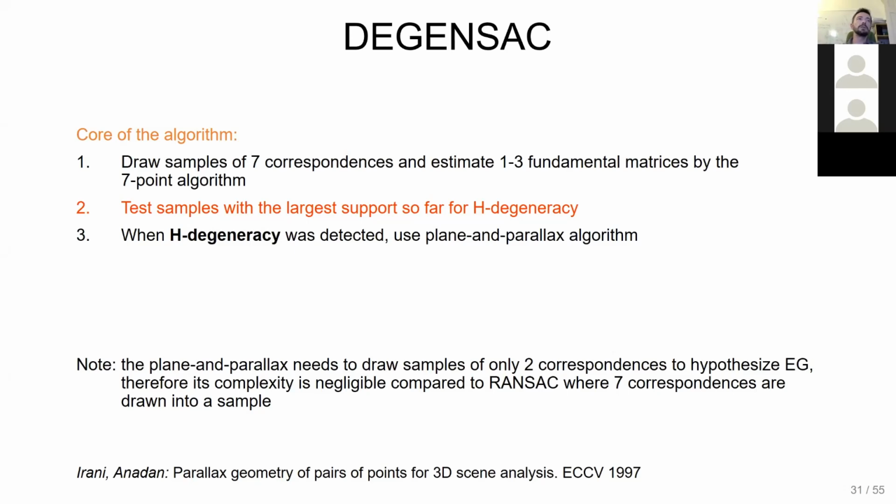And when you detect a homography, then you take this homography and you use plane and parallax to recover the inliers that are off the plane. The plane and parallax algorithm is way faster than anything else because it only needs 2 correspondences. And this way you can actually get decent and stable results.